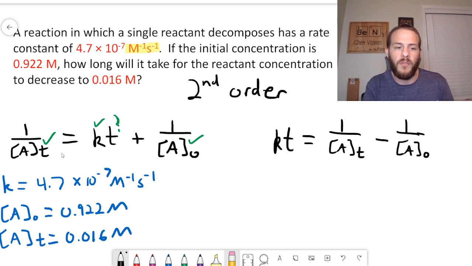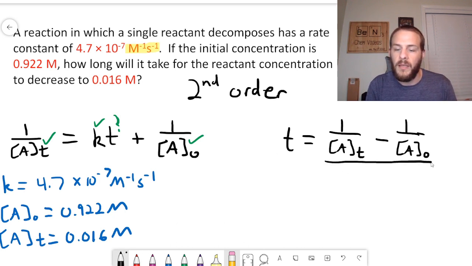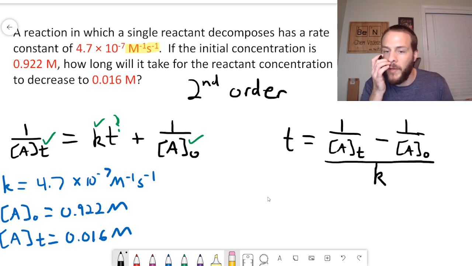And then at this point, all I need to do to get that time all by itself is divide both sides of this equation by k, the rate constant. So that's going to give us t over here, equal to this whole thing divided by k. And so now it's just a matter of plugging in our numbers.